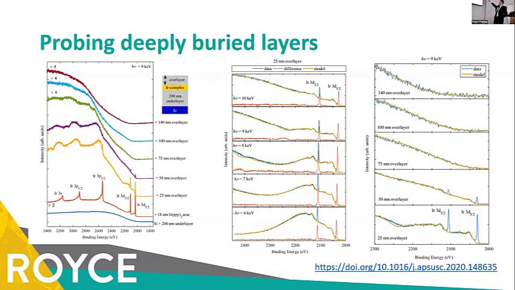You can see on the left-hand side, we sat at one photon energy and looked at different overlay thicknesses. And on the right-hand side, we used one overlay thickness, this is 25 nanometer overlay, and we've changed the photon energy here, from 6 to 10 keV. So again, we're changing our sampling depth, so we're able to probe through more or less of that material. So it's kind of analogous there.